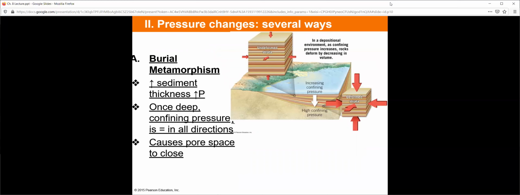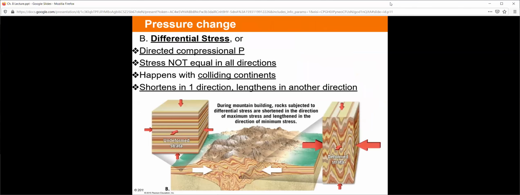As with igneous rocks, when you have temperature, you also tend to have pressure. Pressure is the deformation component to it, and along with temperature can cause these changes. Leading cause of pressure, of course, would be the overlying sediment. The thicker you are, the deeper you're buried, the more pressure you have, the more deformation you get. Deformation can come in all directions and can close pore space, causing an increase in metamorphism.